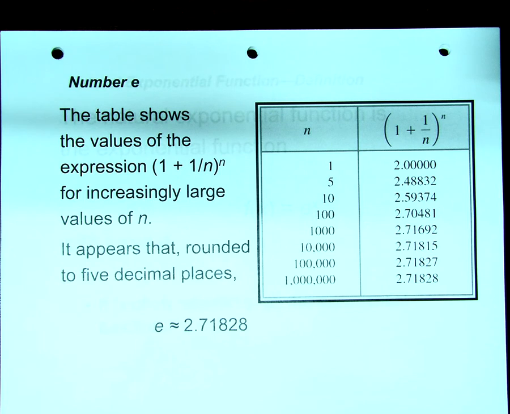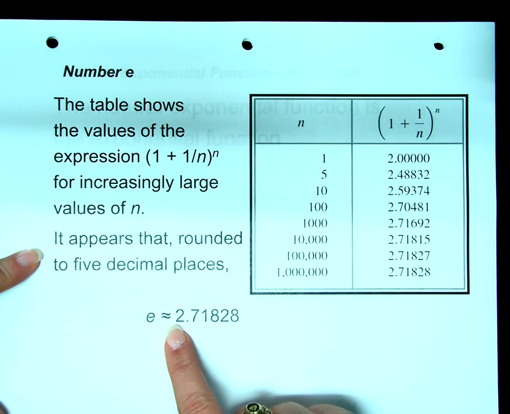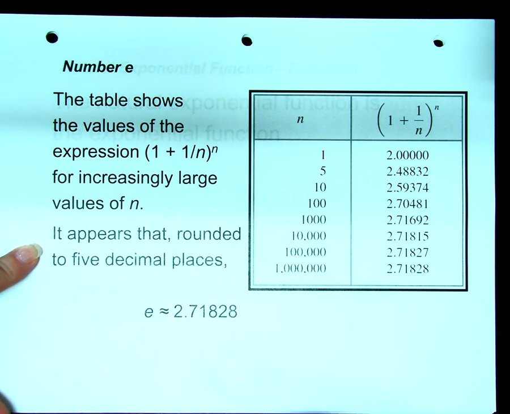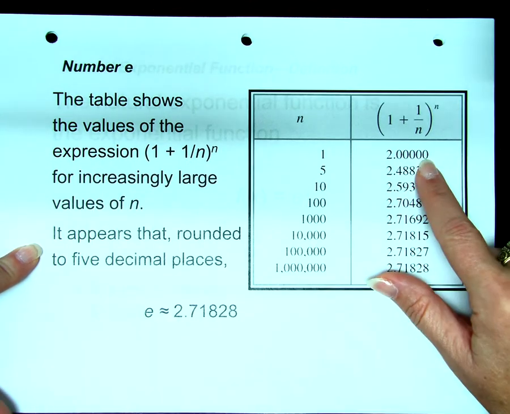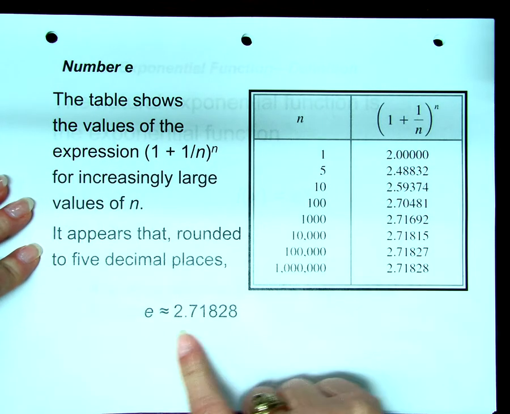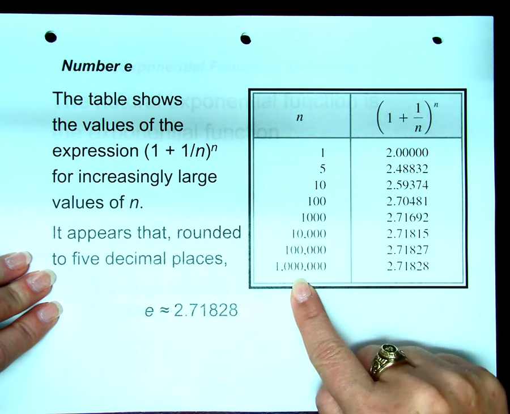The table shows the value of the expression (1 plus 1 over n) to the n power for increasingly large values of n. It appears that, rounded to 5 decimal places, e is approximately equal to 2.71828. So you can look at this table, or you can just know that it is approximately 2.71828 as n gets very large.